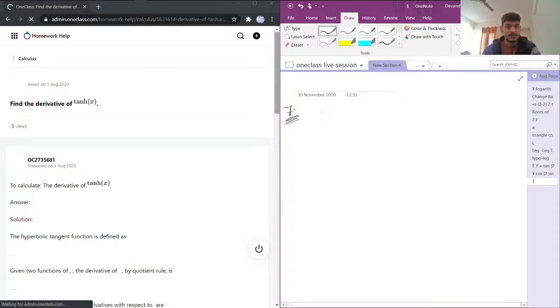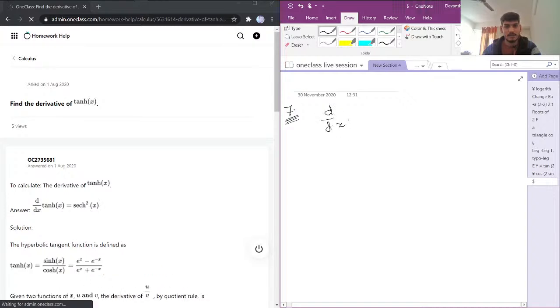We have to find the derivative of, so we need to find d/dx of hyperbolic tangent of x.